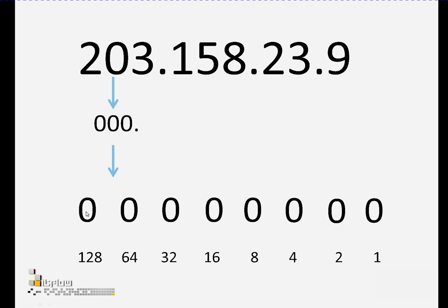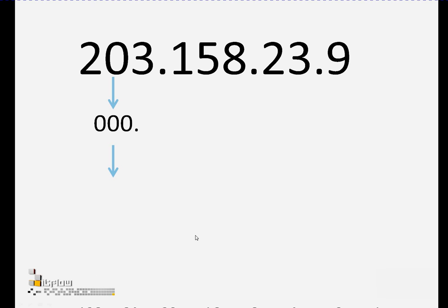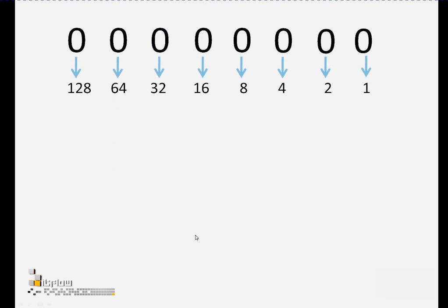If you had this as a 1, then all zeros, and this is a 1, you would be representing 128 plus 1. You would be representing the number 129. So as you can see here, by representing different representations of each value, you can represent any number between 0 and 255.